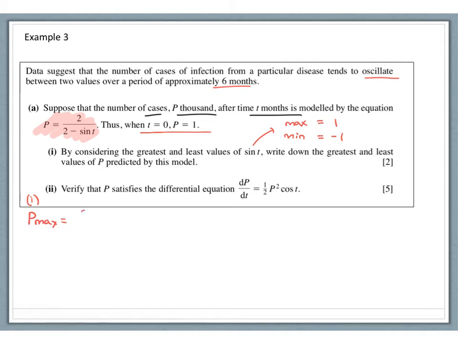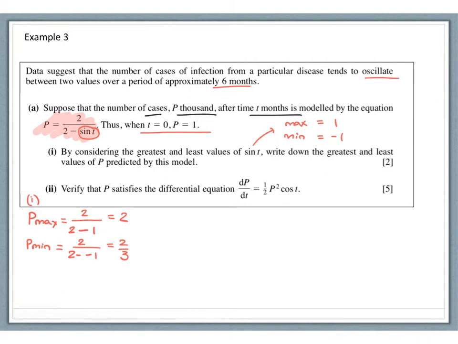So that means we need to work out 2 divided by 2 take away 1, which gives us P max is equal to 2. Now, P minimum, we want to make the denominator as large as possible, which it will be if sine t equals -1, because we then have 2 over 2 minus -1, which gives us 2/3.